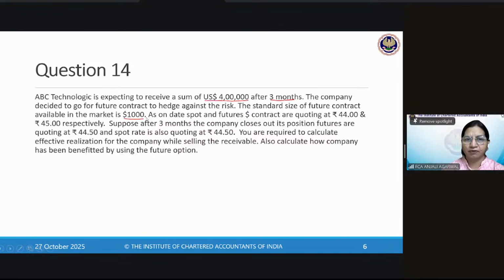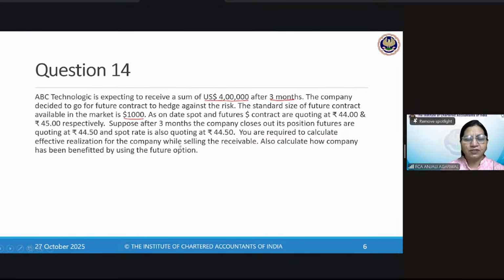If it is not an exact whole number, you have to convert the decimal. How much you convert depends on you. We have discussed in the last session: if you want to take some risk, you can leave the decimal part unhedged. But if you want to surely cover the entire amount, you can move to the higher number.